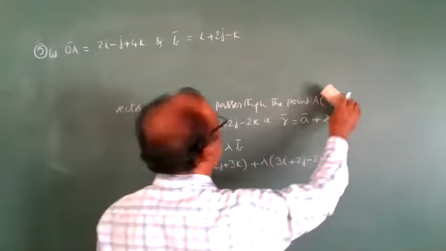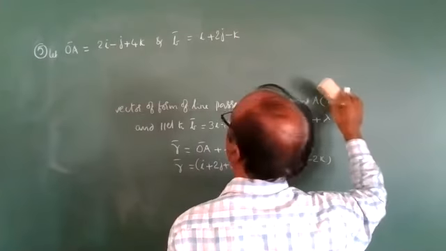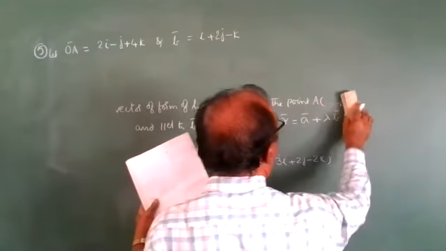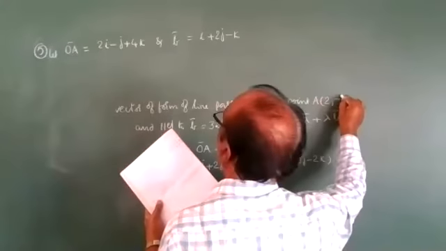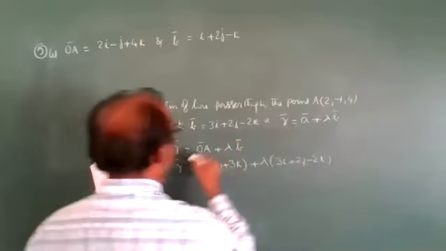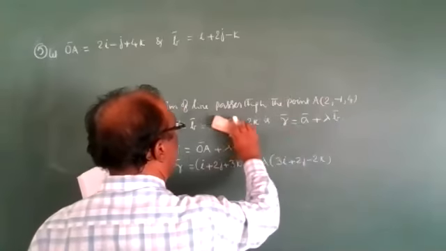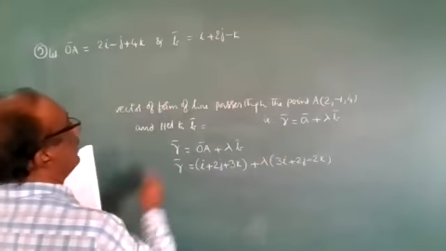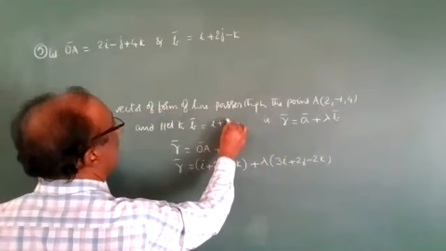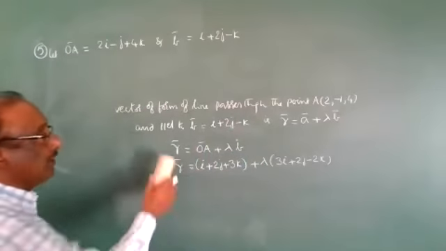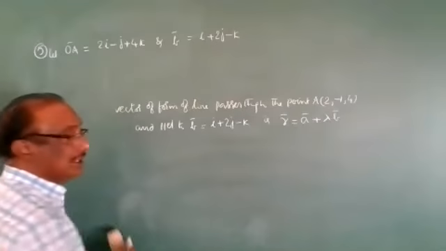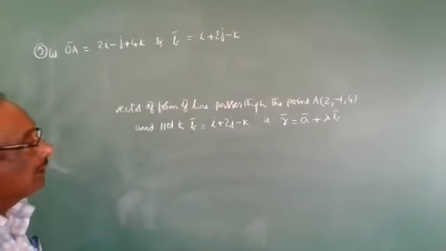So it passes through the point whose components are 2, minus 1, 4, and parallel, same direction means parallel, to i plus 2j minus k, right? Vector form, write down everyone. R bar is equal to A bar.